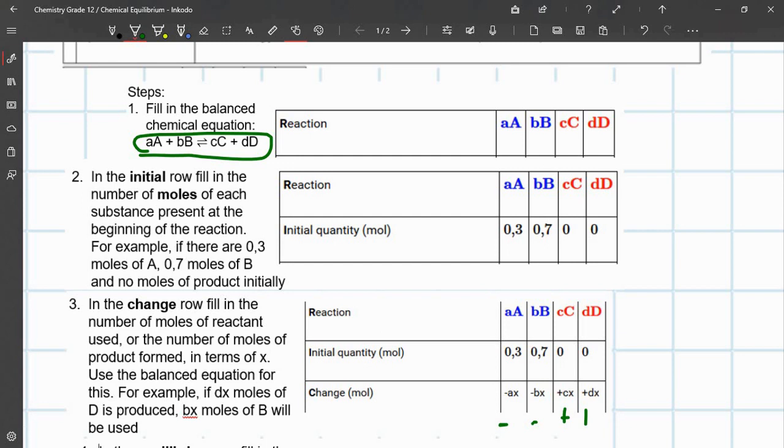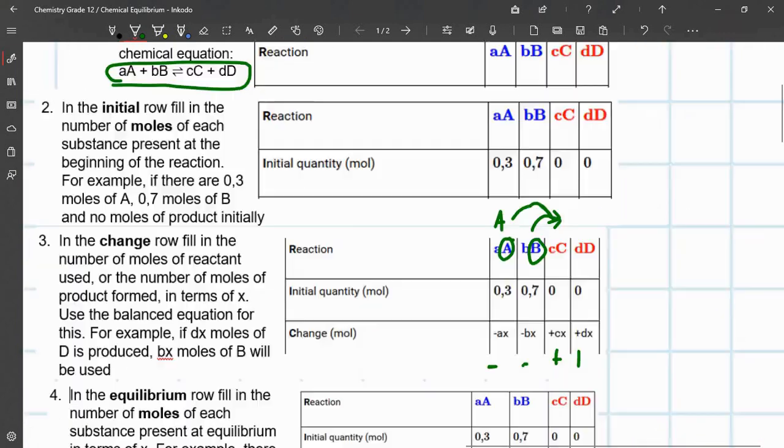It's because whatever's in reactant A is being used up to produce the products C and D, and similarly for B. These reactants give away their moles, and the products accept them. That's why it's positive and negative.